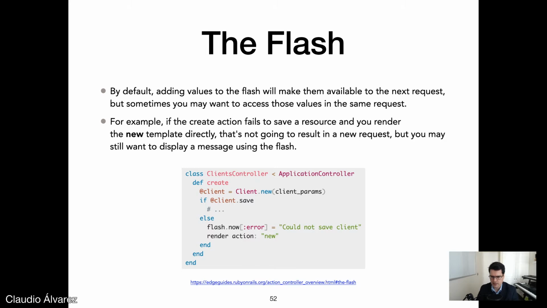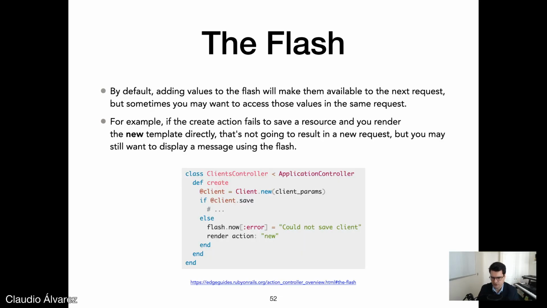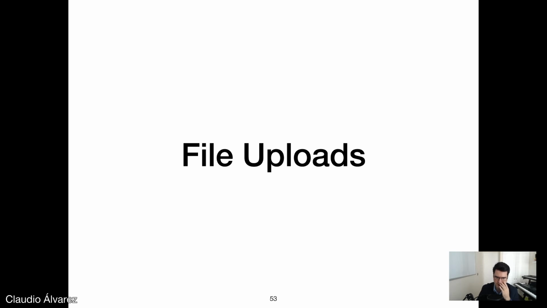You put the error variable in the flash, could not save client, then you render the new action immediately, and it's possible that that new action will require the error in order to display again the form containing the error. To see the complete example, go to the guides, click on the link when you download the handouts, the slides for this class, and you will be able to see that.